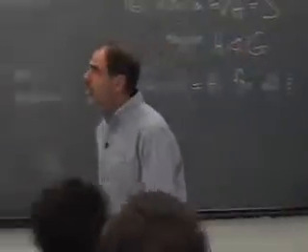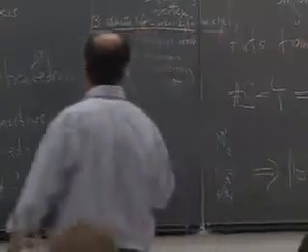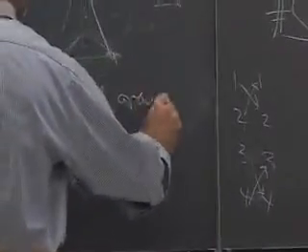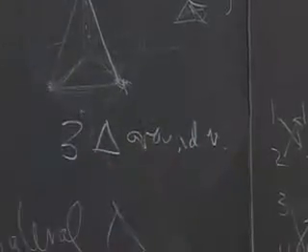A famous Greek figure. So this has three triangles around a vertex. The octahedron has 4 triangles.